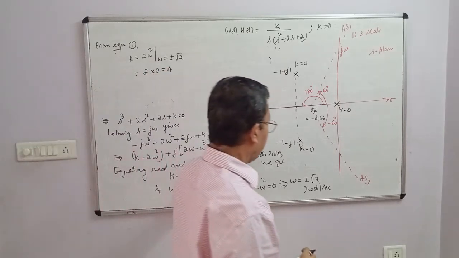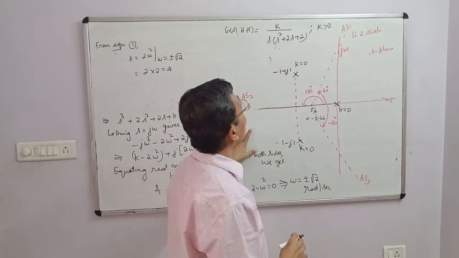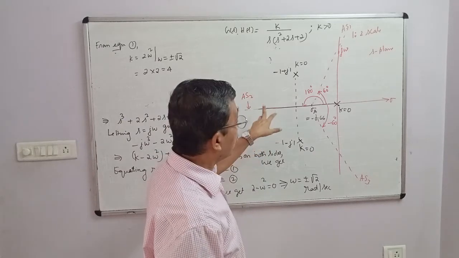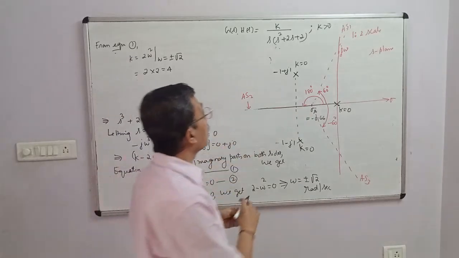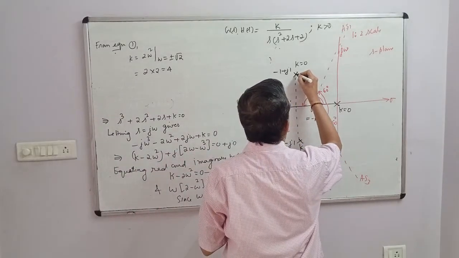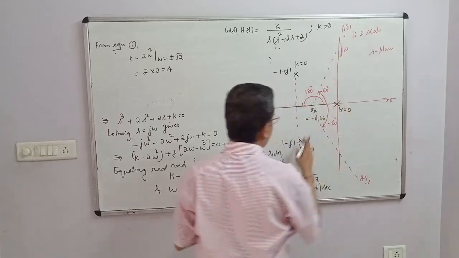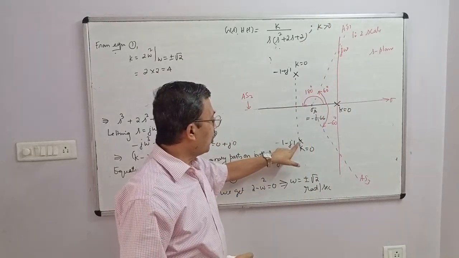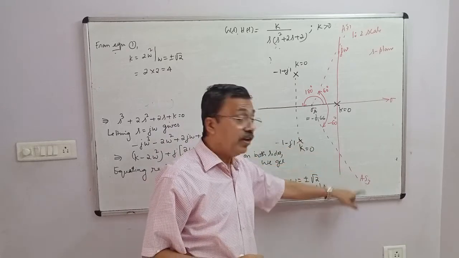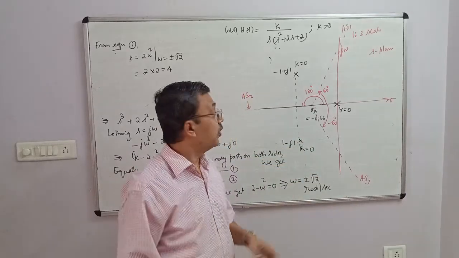Now we'll come to the sketching. There is no breakaway point on the real axis. So this pole has to go along asymptote AS1 to meet the zero at s equal to infinity. This pole has to go along asymptote AS3 to meet the zero at infinity.